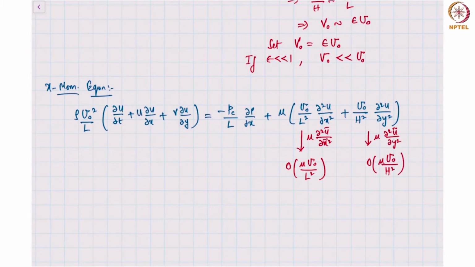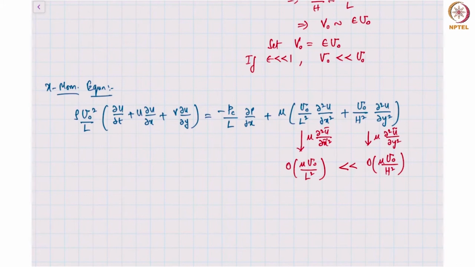And clearly, because h is very small compared to L, the second term is much larger than the first term, which means that the viscous stresses in the vertical direction are much larger than those in the horizontal direction. So in other words, the second term, del square u by del y square, corresponds to the shear stresses, and del square u by del x square corresponds to the normal stresses, right?